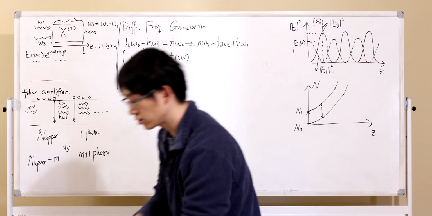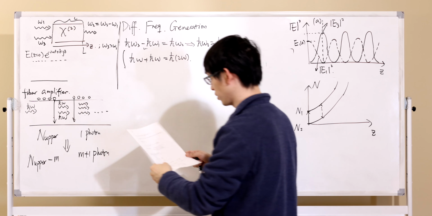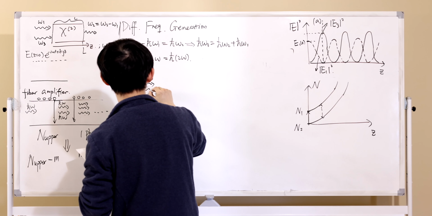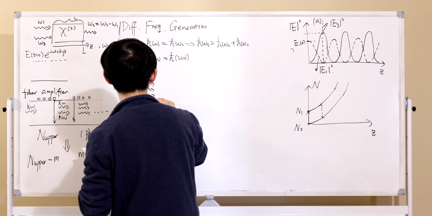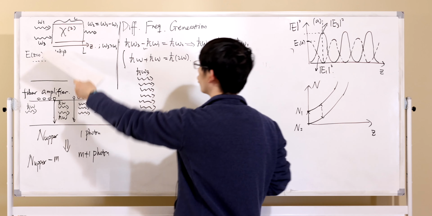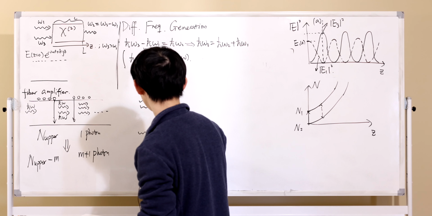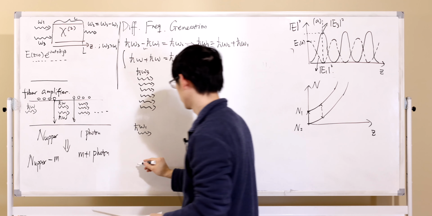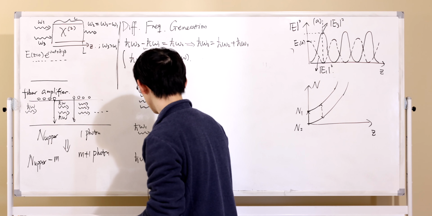So let's go very extreme, right? Let's say originally you have a lot of ω3 photons, and then you have one ω1 photon, and then zero ω2 photons.